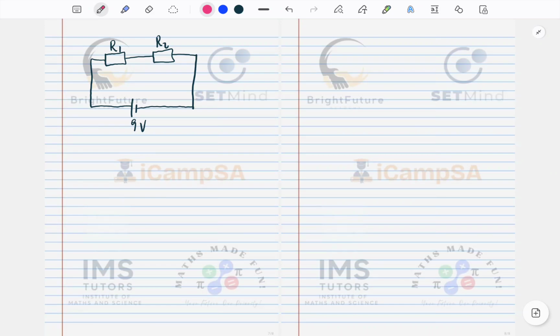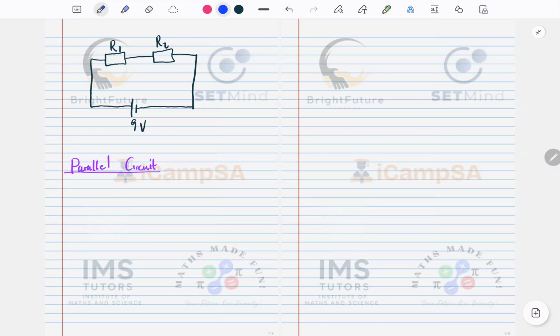Okay, and then we have a parallel circuit. Let's do parallel circuit. Okay, if you know these things, they form the fundamentals of everything that we'll be doing here onwards.